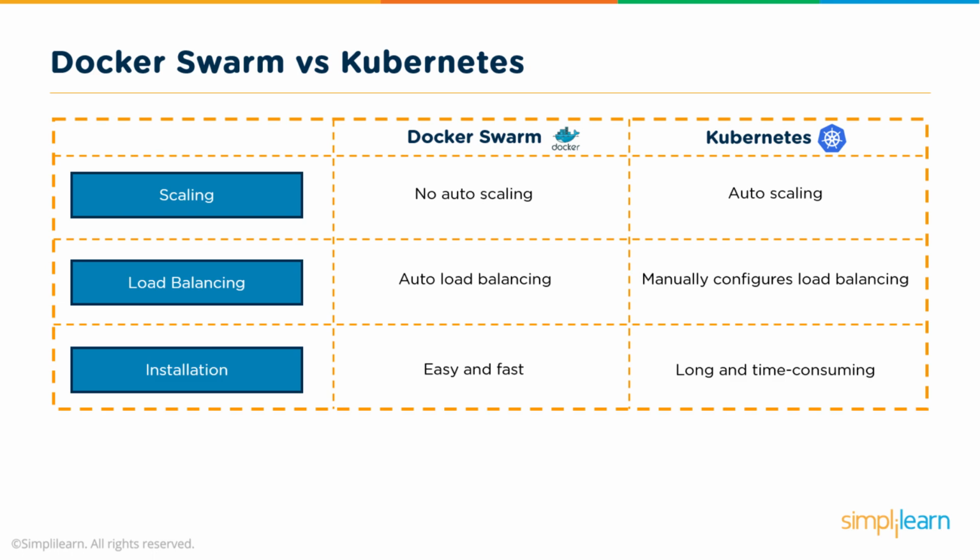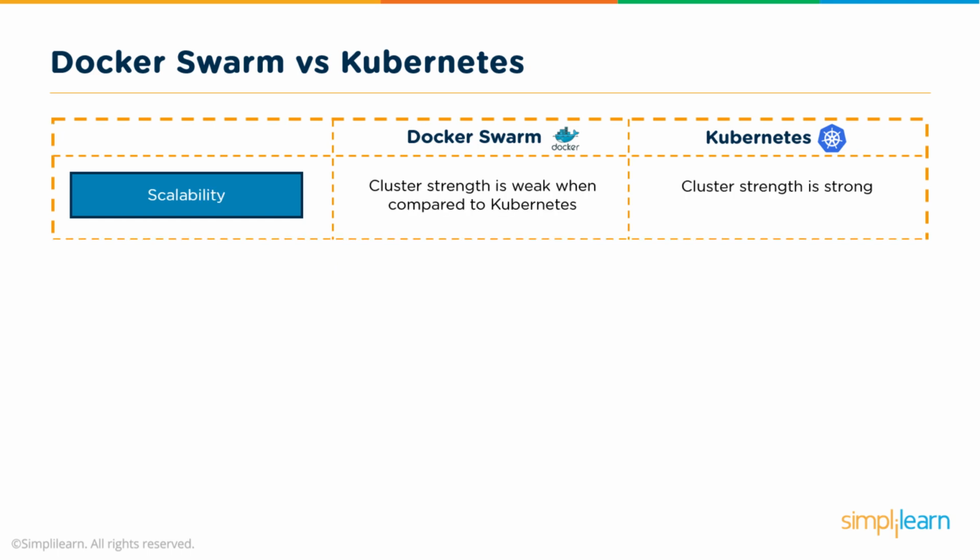Eventually, you'll get there. It's not like it's going to take you days and weeks, but when you compare the two, Docker Swarm is much easier to get up and running. Now, what's interesting is that Kubernetes is incredibly scalable, and that's its real strength, its ability to have strong clusters. Whereas with Docker Swarm, its cluster strength isn't as strong when compared to Kubernetes.